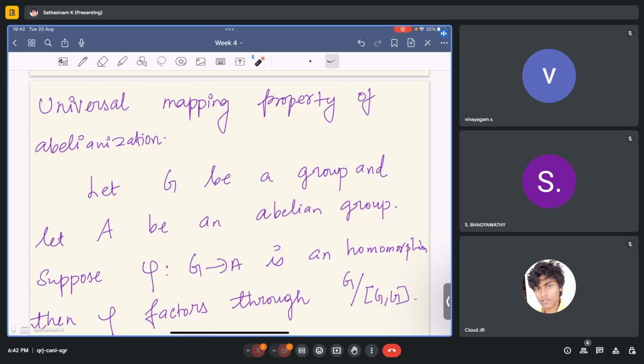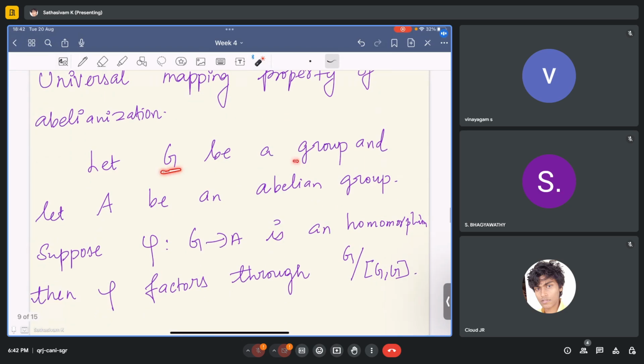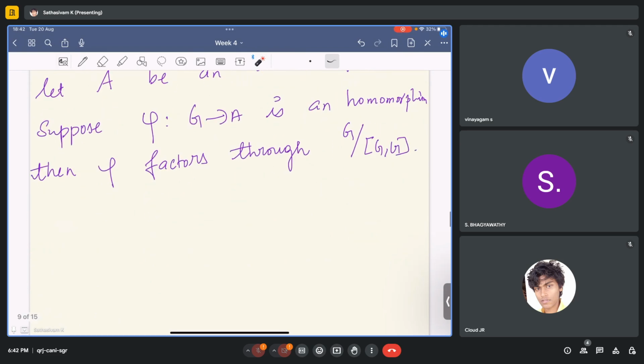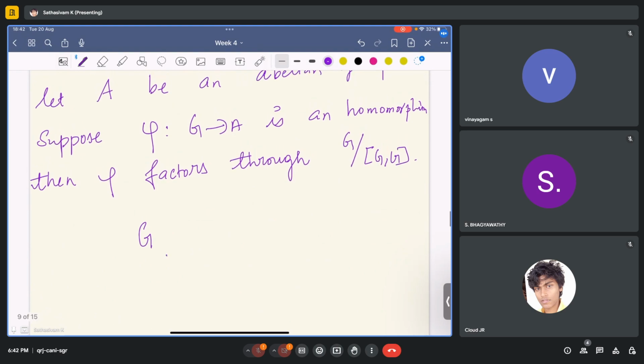So it says the following: suppose G is any group and A is an abelian group, and you have a homomorphism phi from G to A. Then it factors through this abelianization. Okay, I will let you know what I mean by phi factors through. So you have a map from G, and there is a map going to A. So this is your phi.